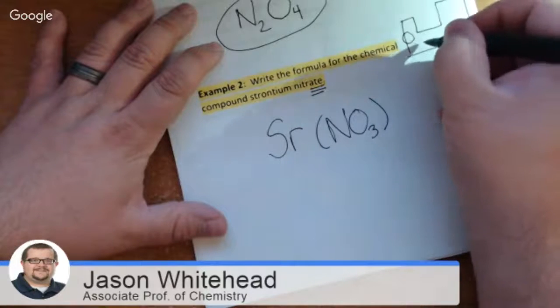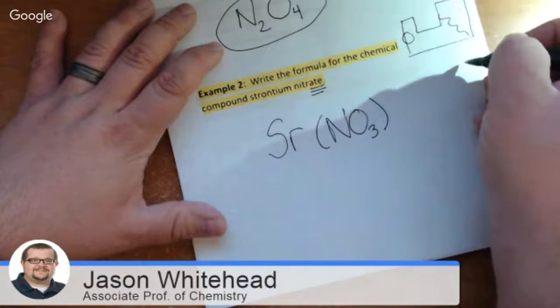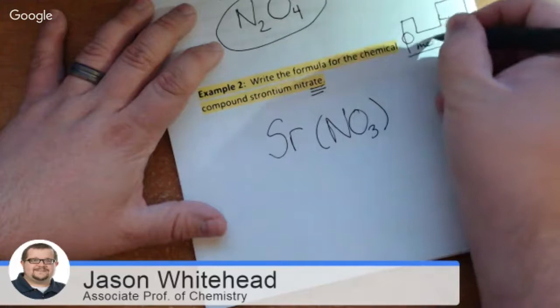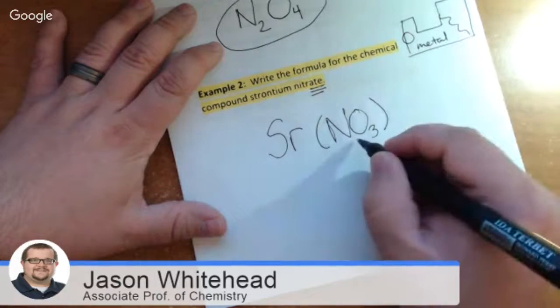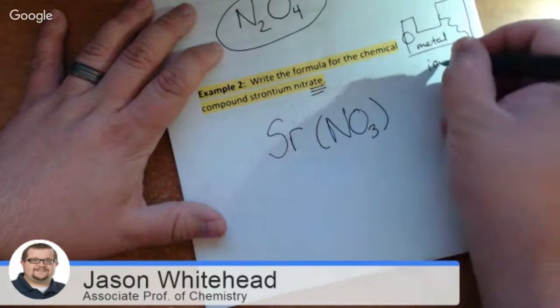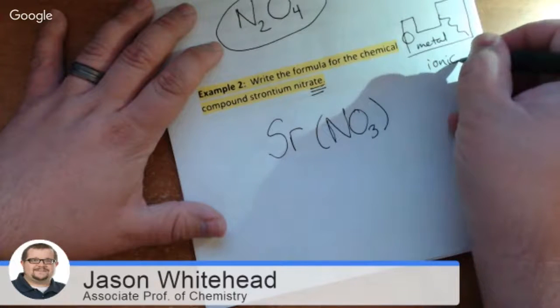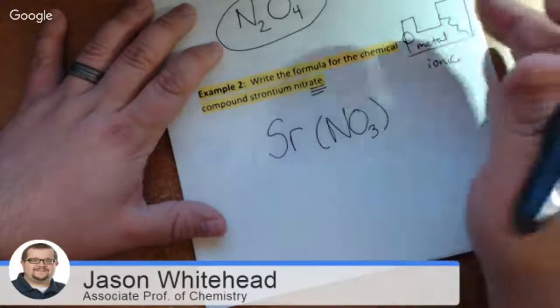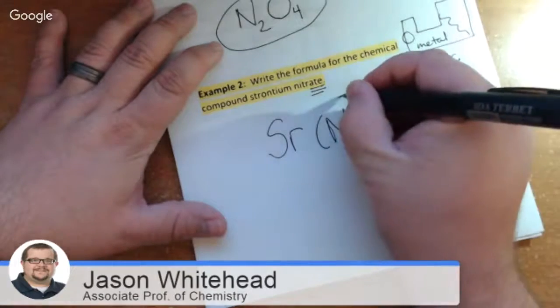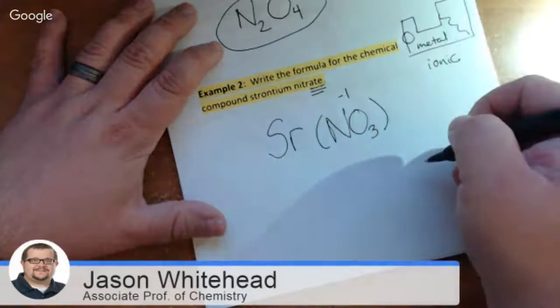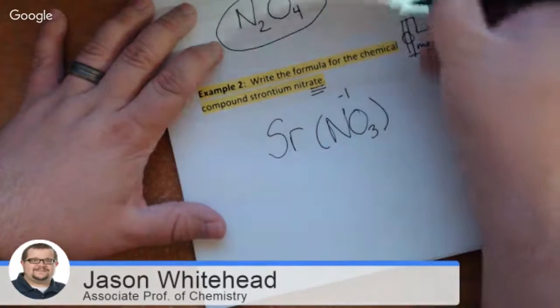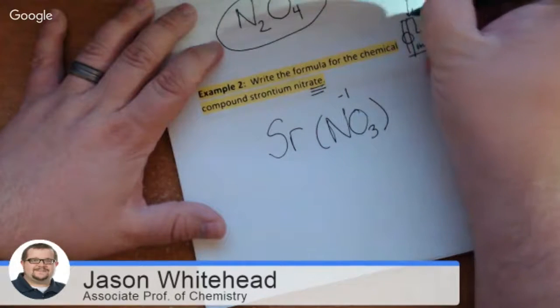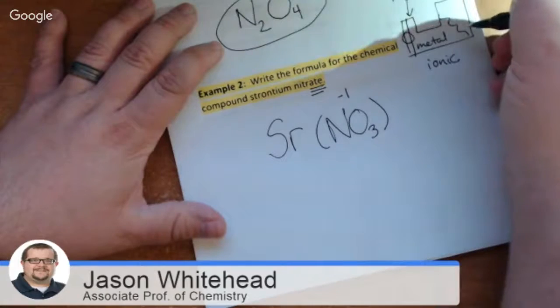So we're looking at something to the left of the periodic table. This is a metal. It also contains a polyatomic ion, so we're looking at an ionic compound. Ionic compounds don't use prefixes, they use charge to balance them out. Nitrate has a -1 charge. Strontium is in group 2, so it has a +2 charge in that second column.